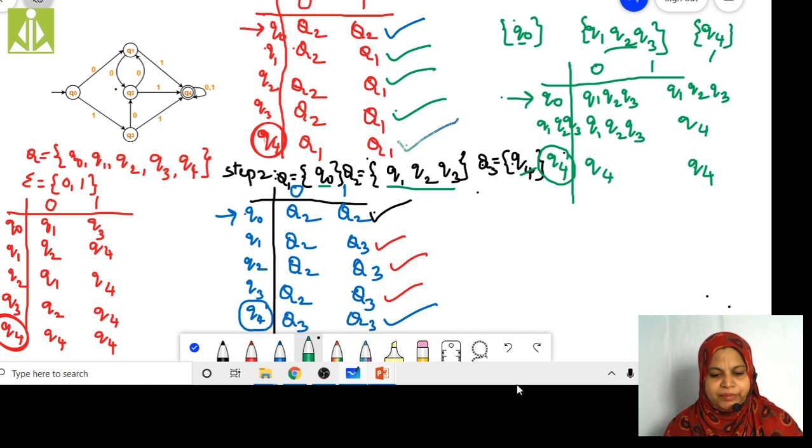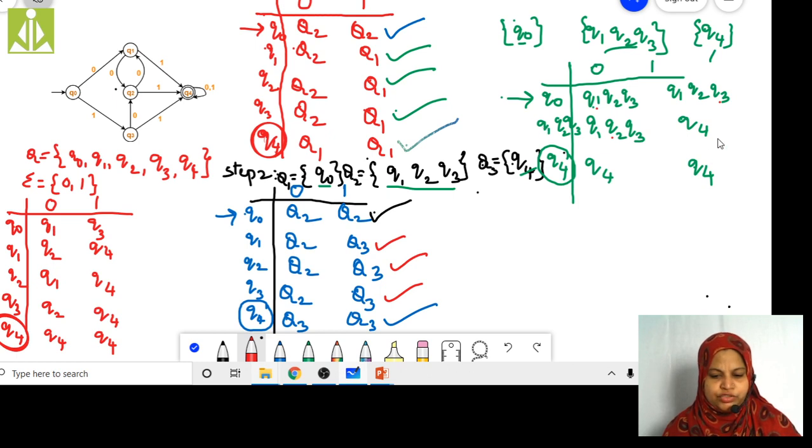While I am performing this operation, every property is going to be satisfied with the original property. Q0 on 0, Q1. So here Q1 is there, right? I'll check. Q0 on 0, Q1 is there, right? Q0 on 1, Q3 is there. So Q3. Next, Q0 on 0, Q2 is there, right? Q1 on 0, Q2 is there.